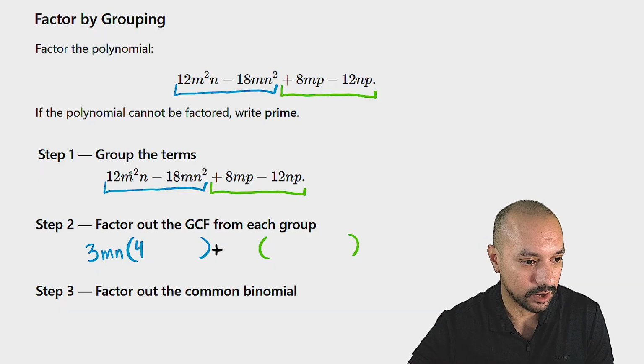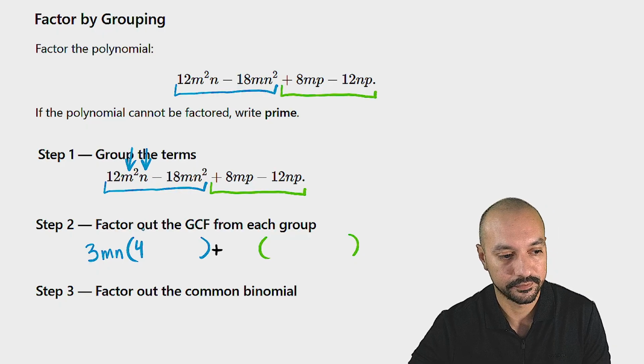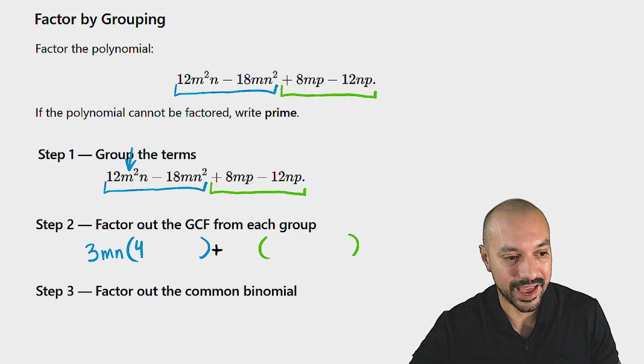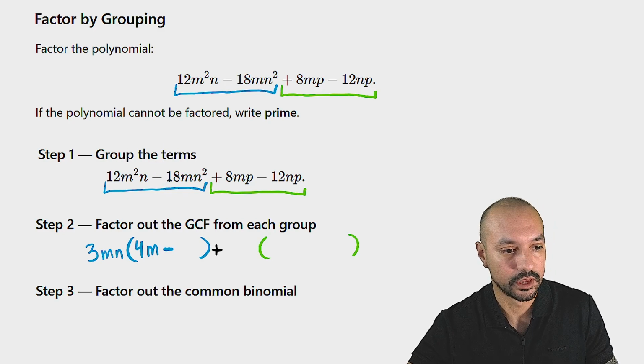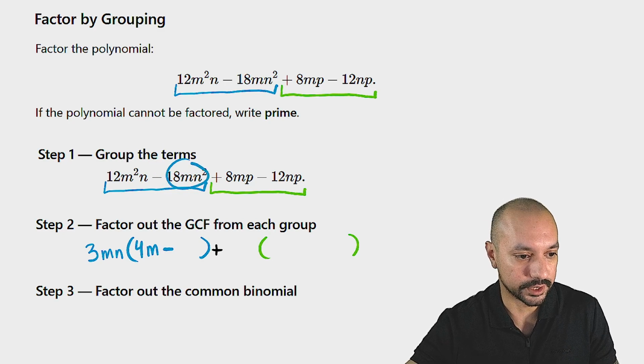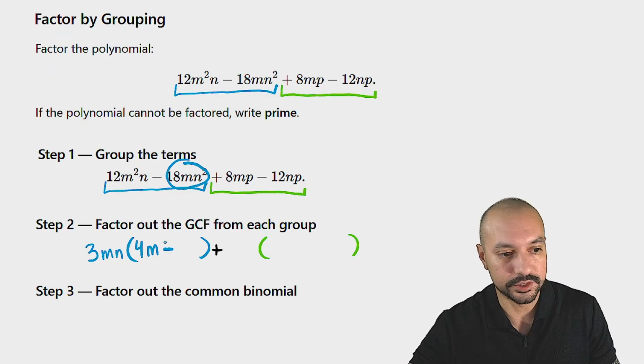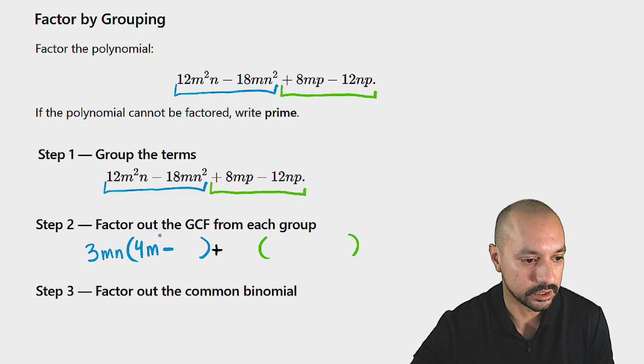If I take out an m and an n from this first term right here, I'm not going to have any n's left, but I will have a single m. All right, then I'll record that subtraction sign. Now I'm going to do the same thing with the next term in the blue. When I factor out the GCF 3mn, that's going to leave me with 6n.